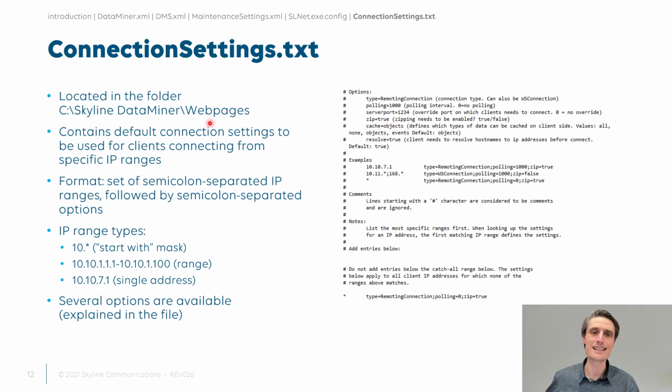It is located in the web pages subfolder, and this one is a very important one for connecting to a DataMiner system with Cube, if there are any firewalls or certain network restrictions between your client and your server.